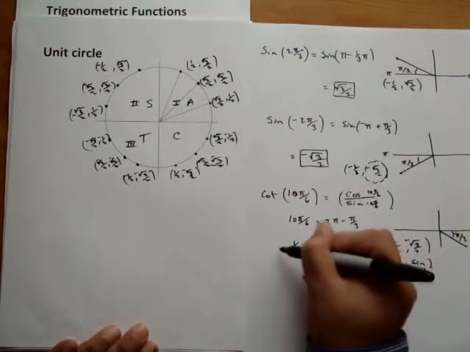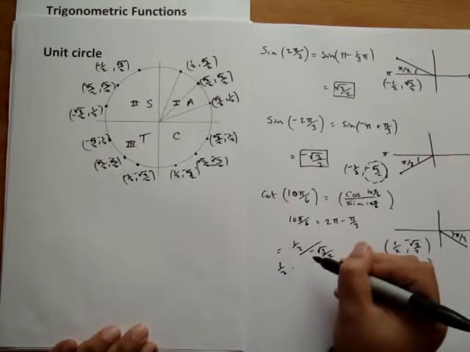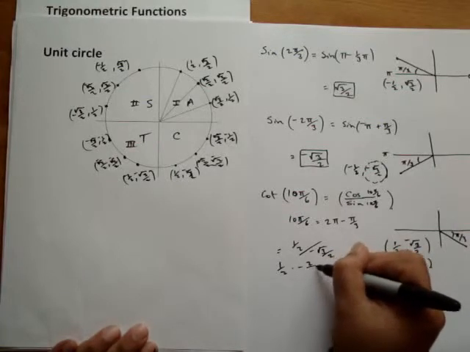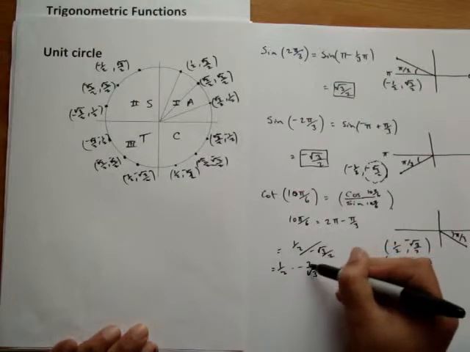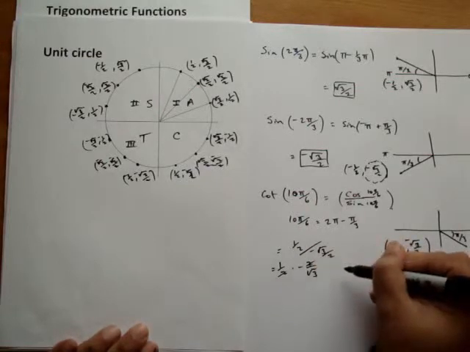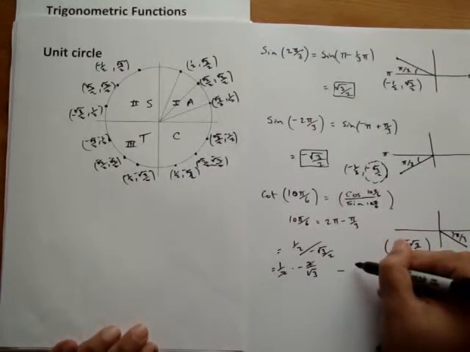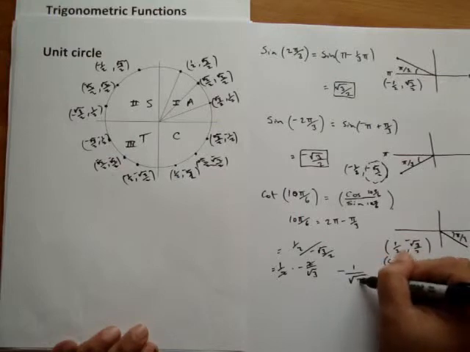This is then a half times minus 2 over square root of 3. These cancel, and we're left with minus 1 over square root of 3.